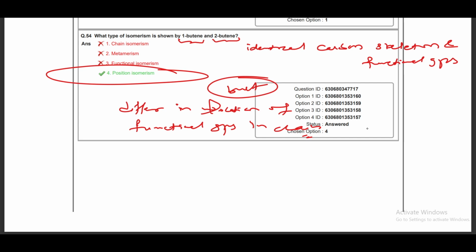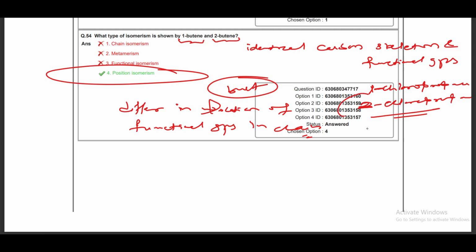I'll show you one example. If we take 1-chloropropane and 2-chloropropane, you will see that in both cases both have a halogen, both are alkyl halides, and the molecular formula is the same, but the position of chlorine is different on the same carbon skeleton.